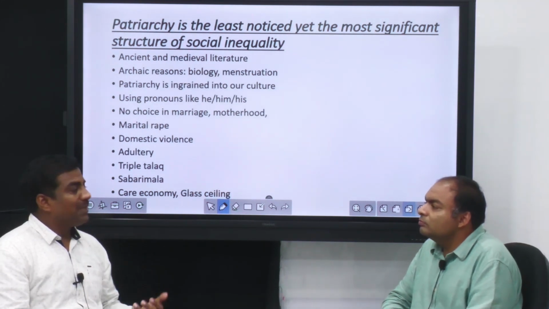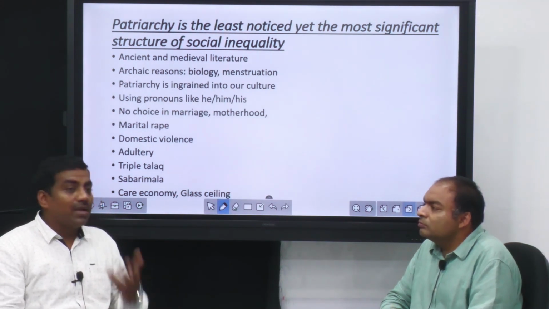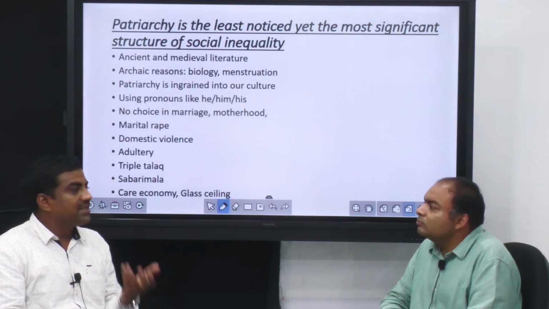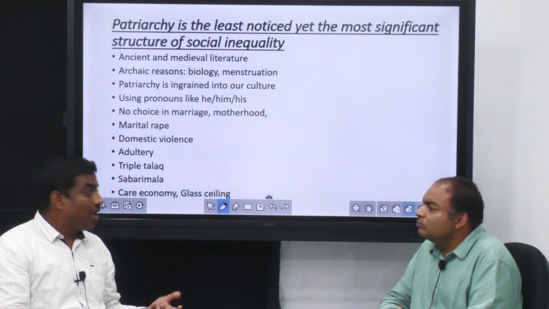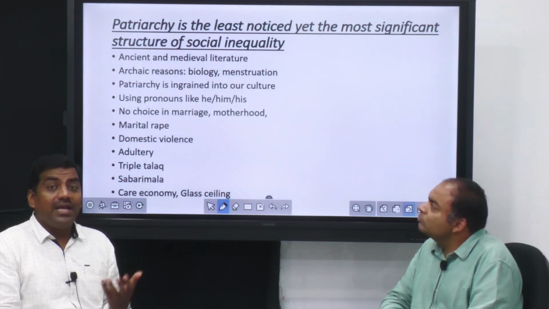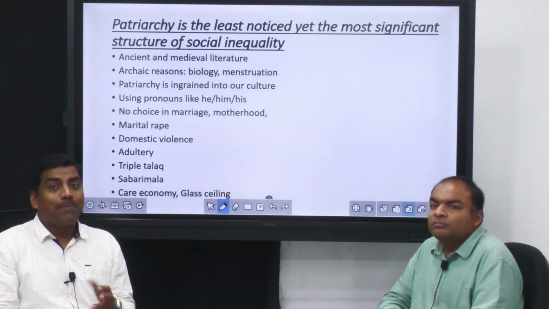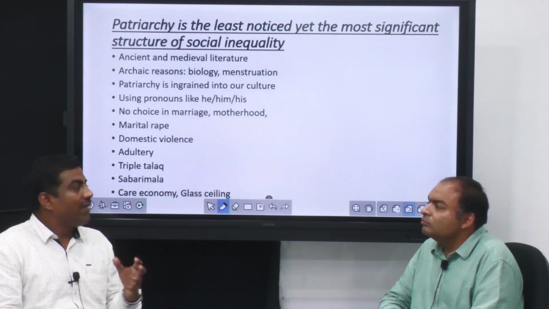And even with respect to motherhood, whether she wants it or not, at a certain age, for example around 16 or 17, girls get married. By 18 or 19, they become mothers. Whether their body is ready or not, whether they want it or not, whether their mindset is ready for bearing a child or not, that is not checked. It is up to the male to decide whether that person wants to have a child or not.